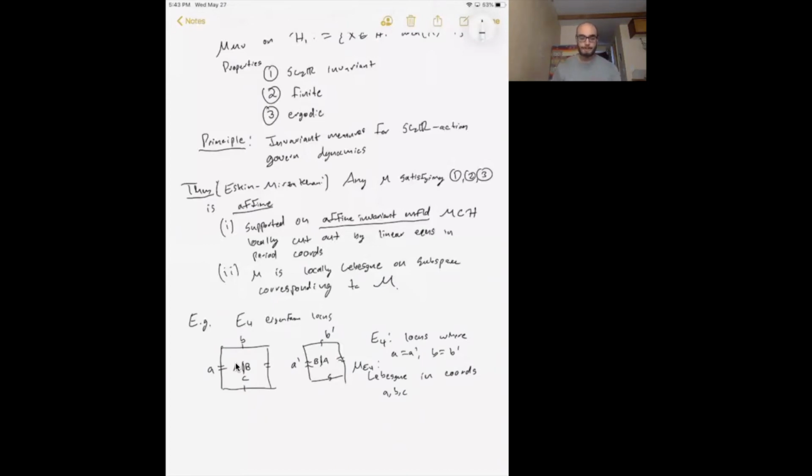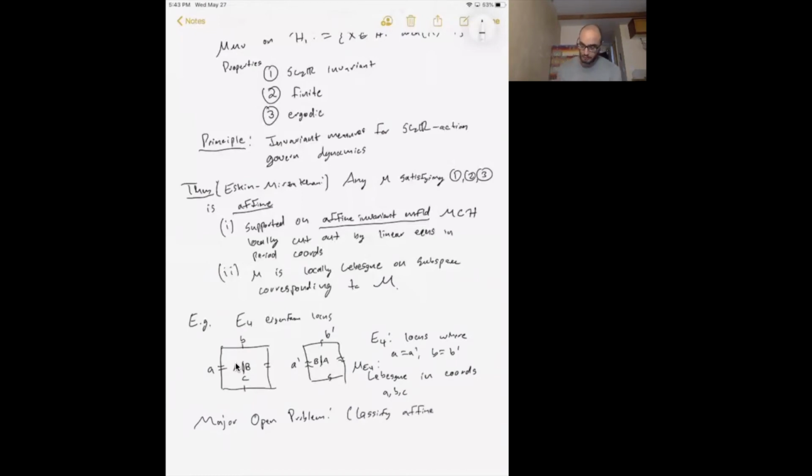Okay, so there are quite a few known examples of these affine measures, but it's still a very important open question to classify all of them. And this has relations to homogeneous dynamics.